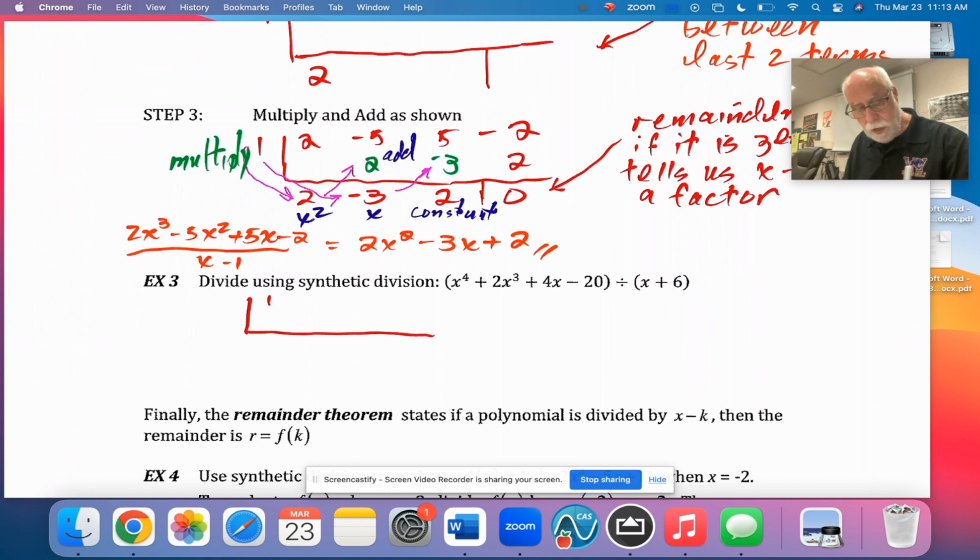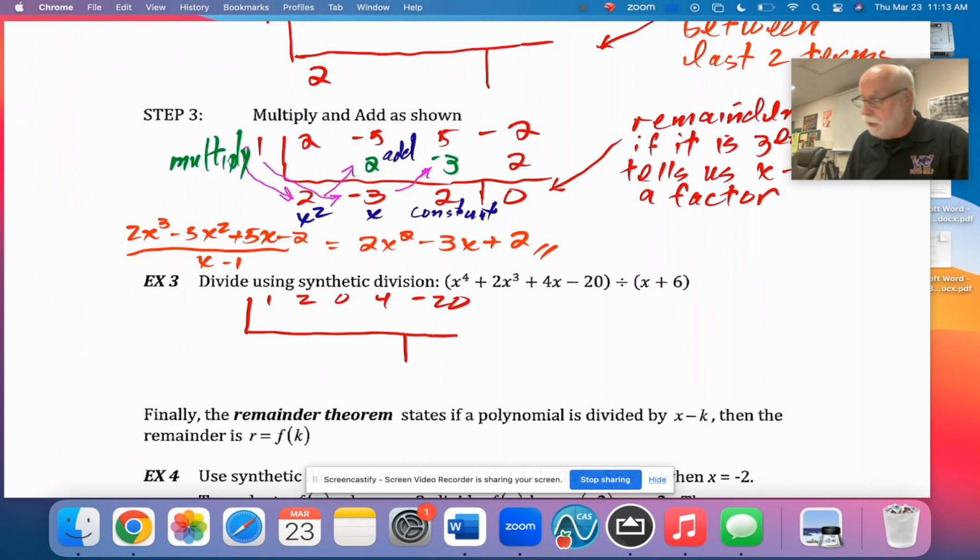So we have 1 for x to the 4th. We have 2 for x squared. We don't have an x cubed, we don't have an x squared, so we're going to put a 0. Then we have our x term, and then we have our constant term. All right. I told you to put a line between them, right?